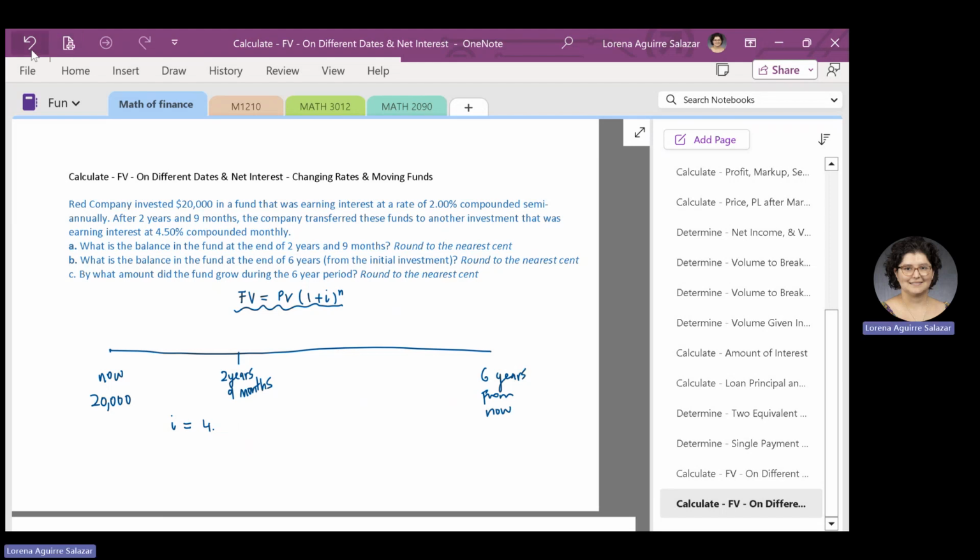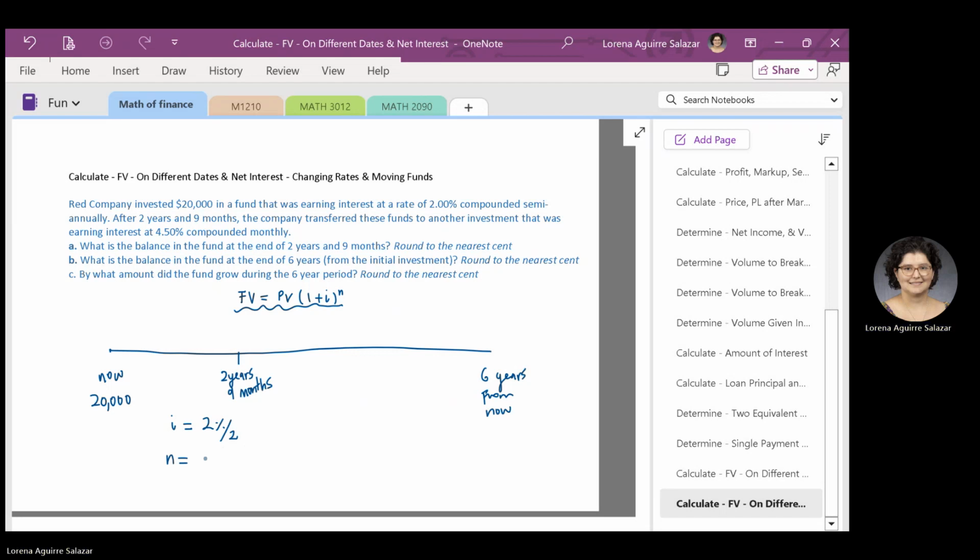So it was 2% divided by 2, and n was the total number of compounding periods during the term, and that turned out to be 11 over 2. And then between 2 years, 9 months, and 6 years, we see that 3 years and 3 months had to pass.